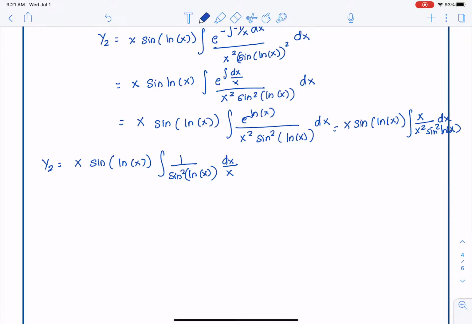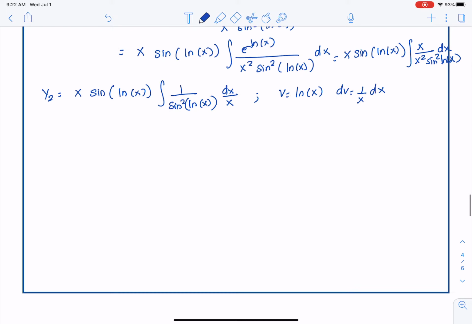And you may say, well, how are we going to integrate this? Well, if we substitute, let me call it a different variable, v equals ln of x, dv is 1 over x dx. So x times sine ln of x integral 1 over sine squared v dv.